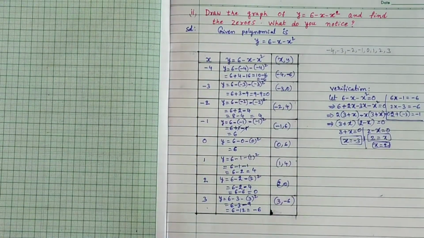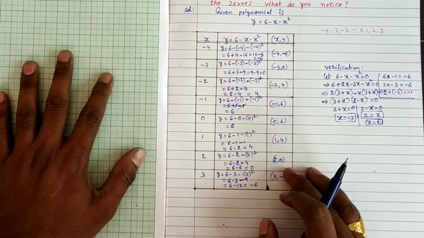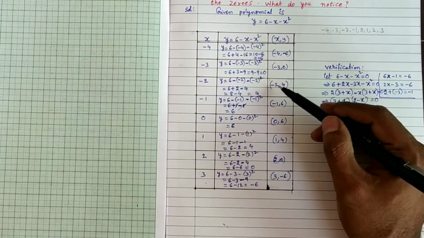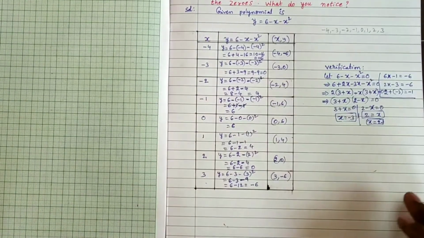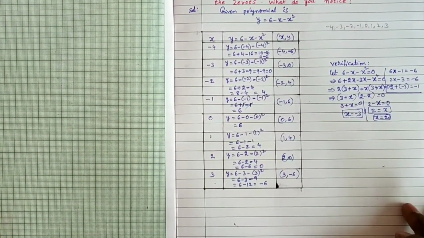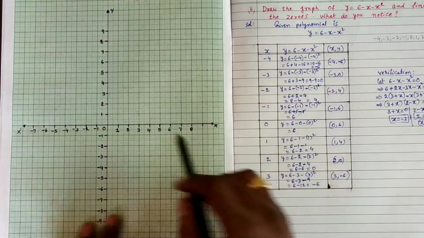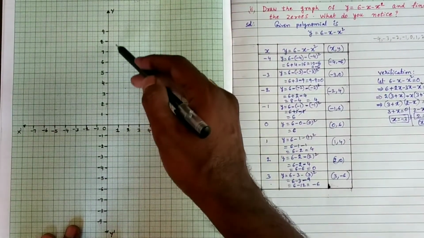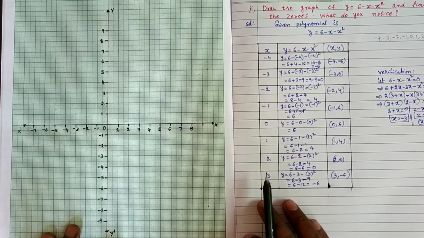So these are the points we have to plot on the graph. These are the y values: minus 6, 0, 4, 6, 4, 0, minus 6. So on the graph take 1 centimeter as 1 unit on the x-axis and 1 centimeter as 1 unit on the y-axis and plot the points.